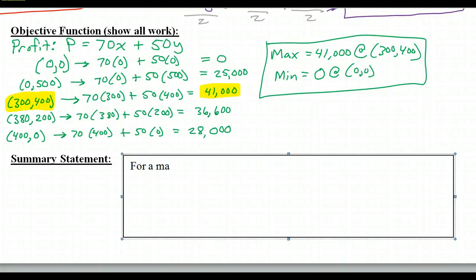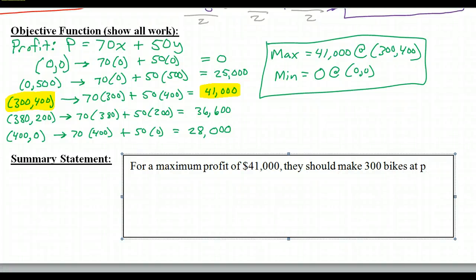So for maximum profit of $41,000, they should make 300 bikes at plant A and 400 bikes at plant B.